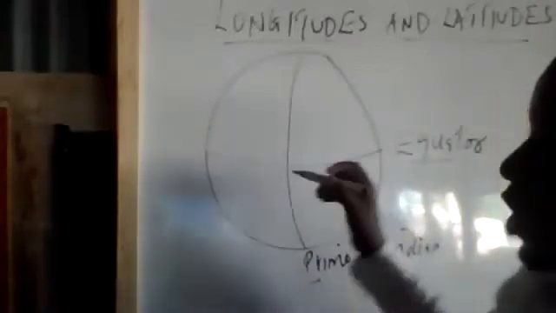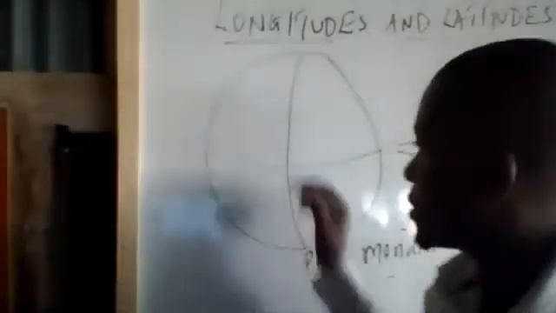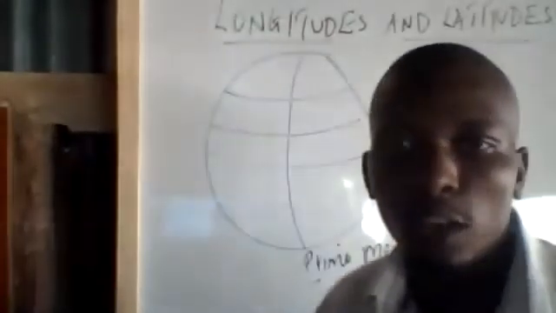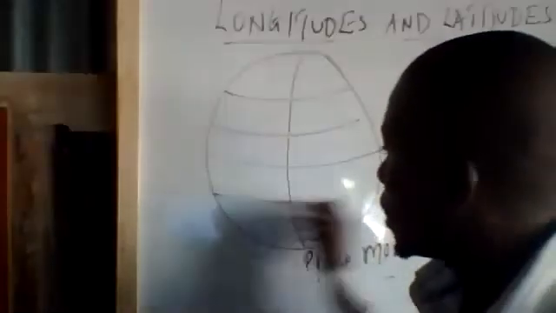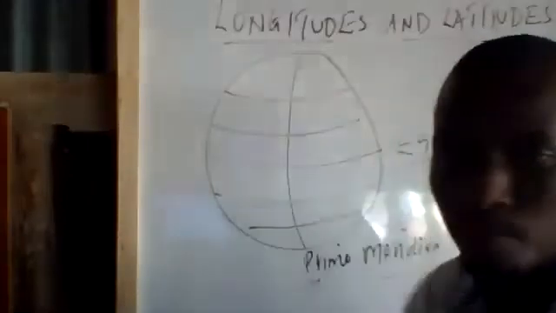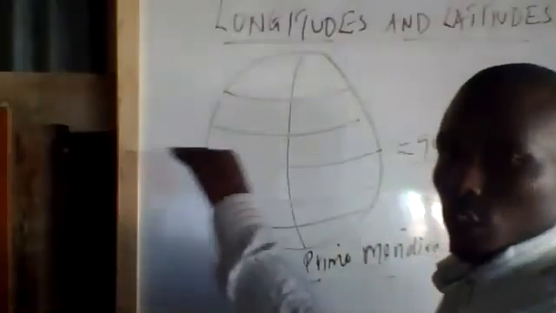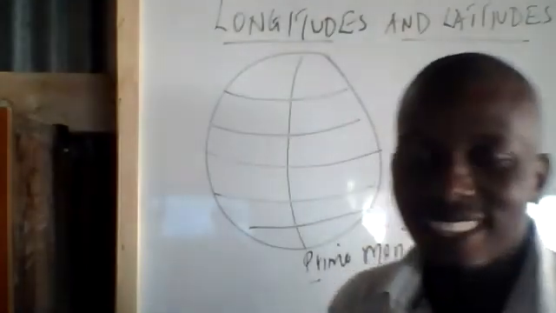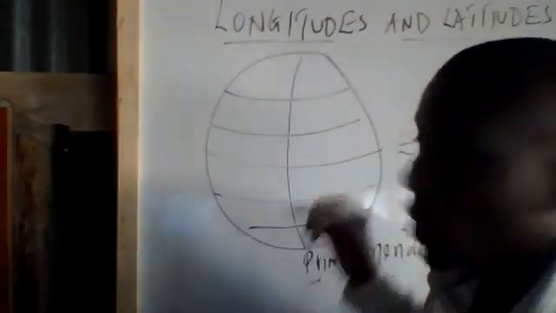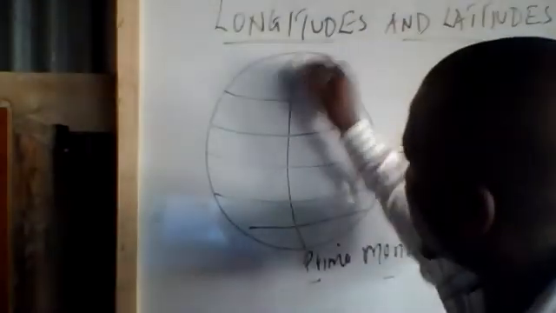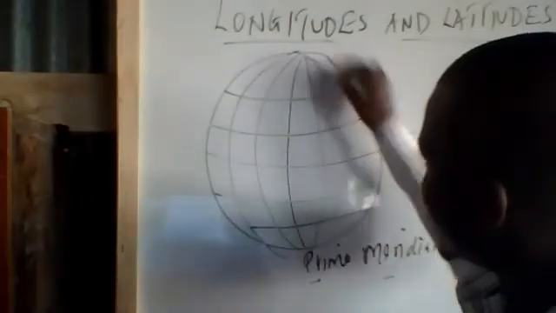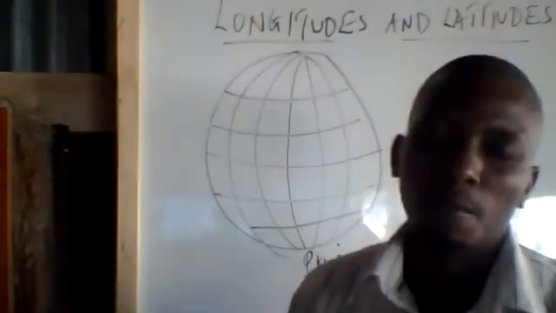Now, all other lines which are passing across, kama hizo zenye naendelea kuchora pale, they are called latitudes. Those lines that you have just drawn across this way, they are termed as latitudes. All other lines which are going downwards this way, they are termed as longitudes.